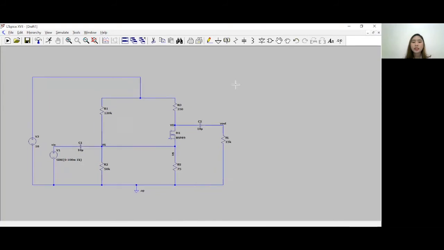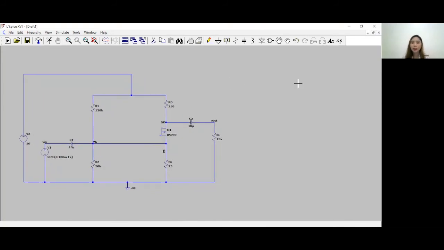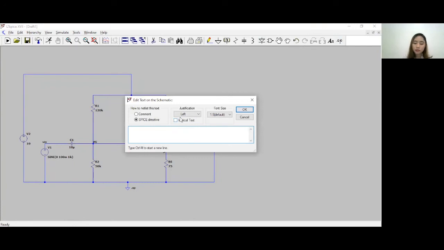Now, since we are going to get the bandwidth, the power, and the voltage gain, we are going to use the transient command and then the .meas command. I will just type all of it in here. I will type the transient as .tran 0, 10m.